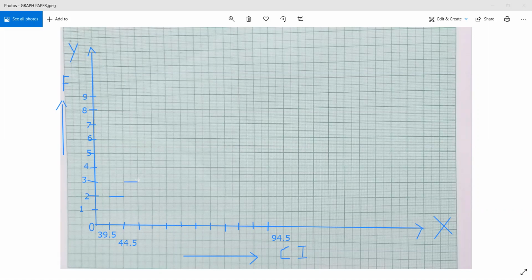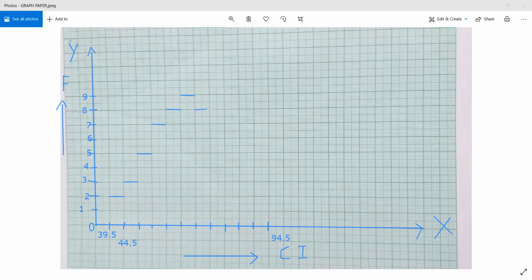Then the next frequency is 5. Next frequency is 7. Next frequency is 8. Okay, the next frequency is 9. Then the next class you have frequency 8.